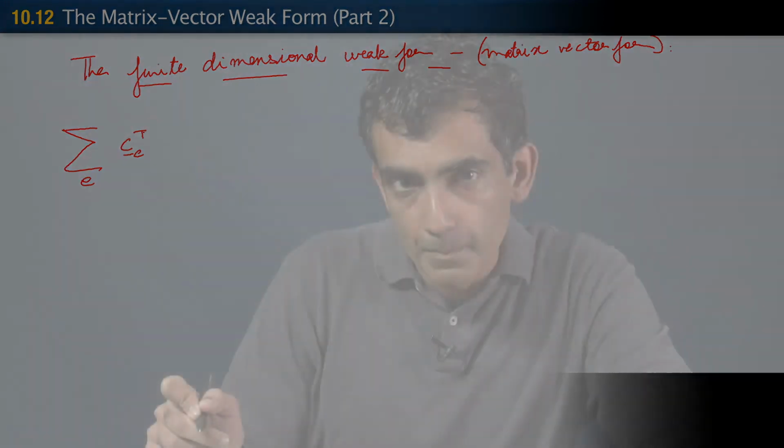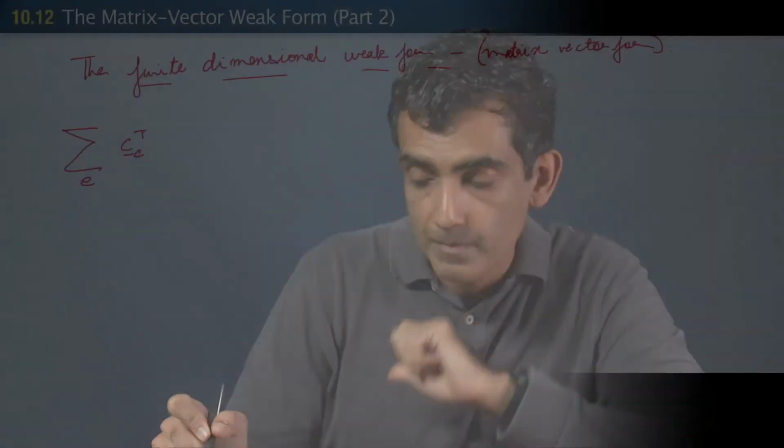Now, because we're getting rid of the C_AE and the D_BE, we also can dispense with the superscripts A and B on the K_E.